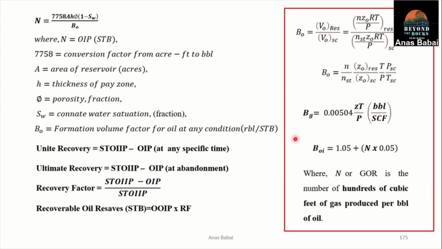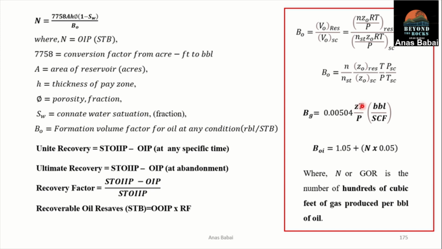So what's happening here is that, as I said, this value is the one which determines what we are calculating, whether in the initial condition or in any other condition. If we are calculating in the initial condition, we will just substitute the pressure and temperature.